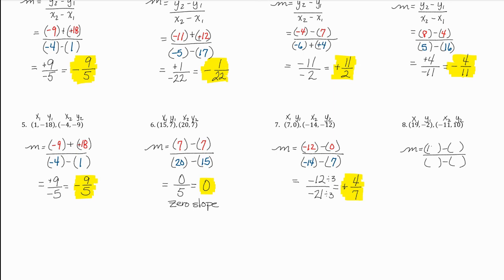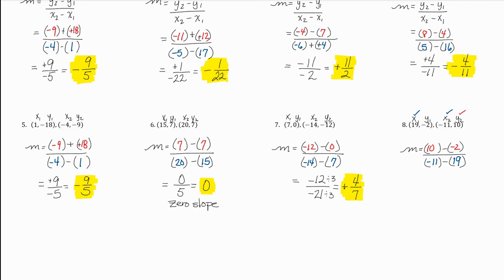So here we go with the numerator. It's going to be a positive 10 for y sub 2, and then y sub 1 is a negative 2. And x sub 2 shows me to be a negative 11, and then x sub 1 is 19, or a positive 19.